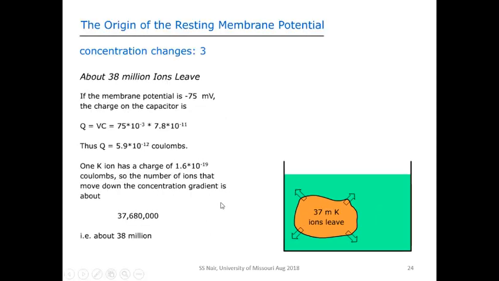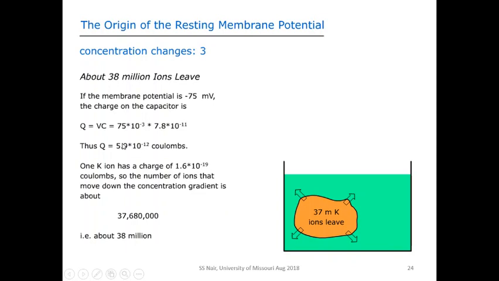Then what you do, if the cell membrane potential is minus 75 millivolts, the charge on the capacitor is given by Q equals V times C, if you recall from your high school physics. So if you calculate that, you get a charge of 5.9 x 10^-12 coulombs. One potassium ion has a charge of 1.6 x 10^-19 coulombs.